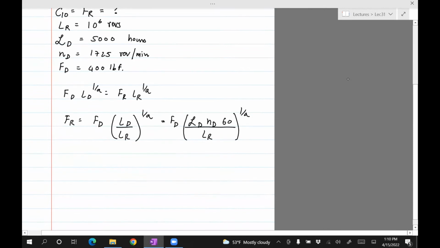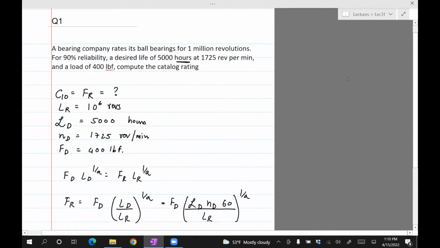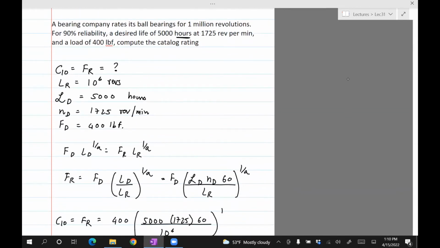Okay, so C10 is F_R equals F_D, which is 400, times L_D, which is 5,000, times N_D, which is 1725, times 60, divided by L_R, which is 10 raised to 6. And the constant a for ball bearings is essentially 3.